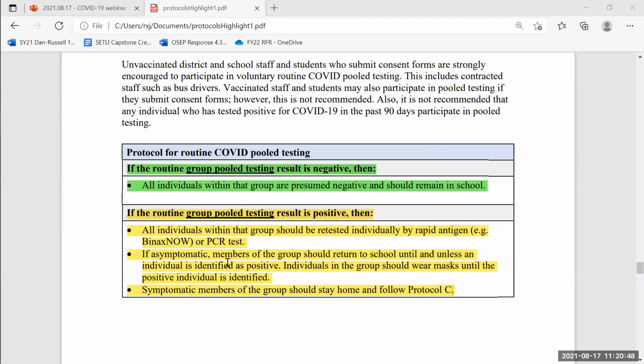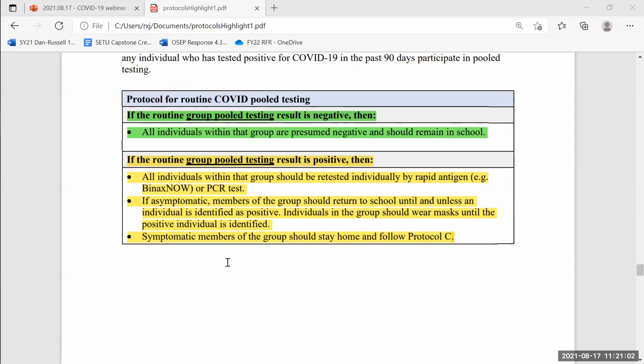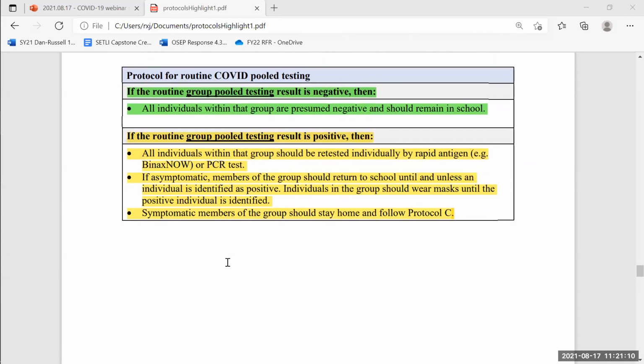But either way, either in the lab or in the school, the individual is going to have that follow-up testing with either a rapid antigen test or a PCR test. And as long as they're asymptomatic, if they're not the person who's identified as positive in the pool, then they would remain in school. Individuals in the group should wear masks until the positive individual is identified.